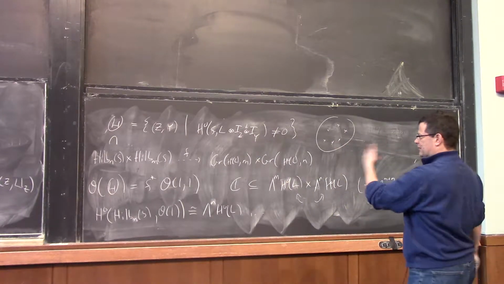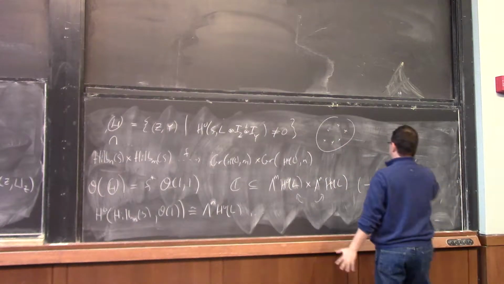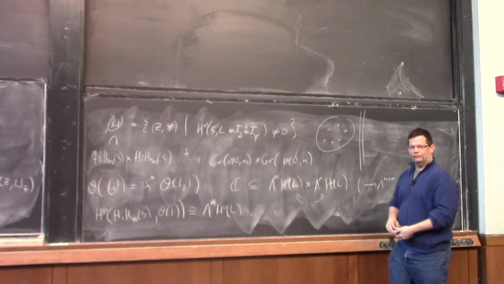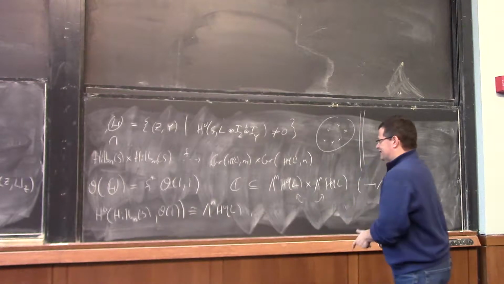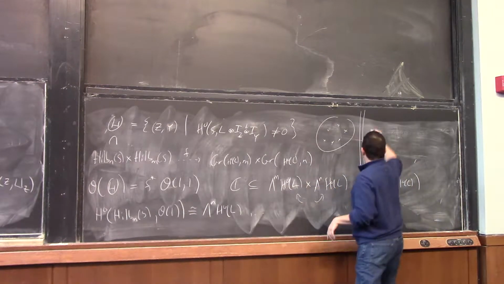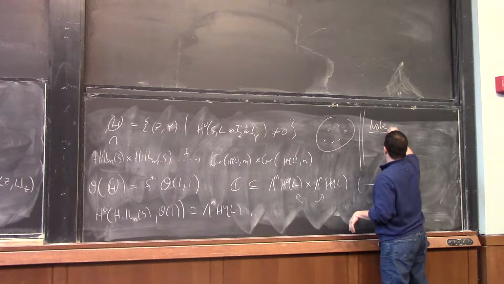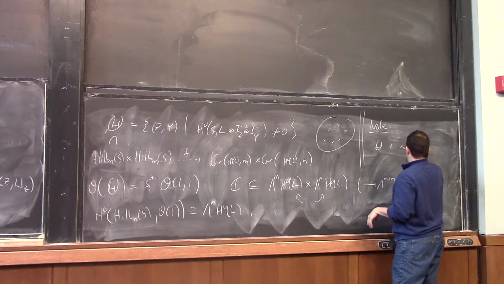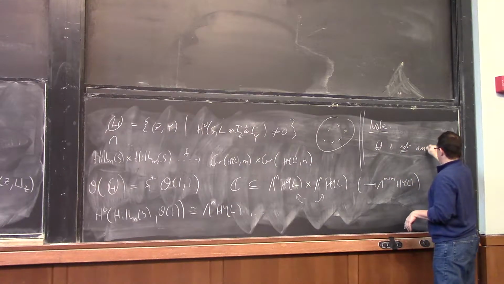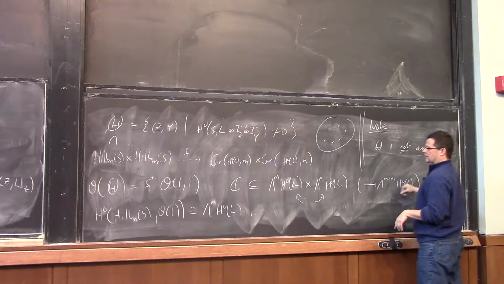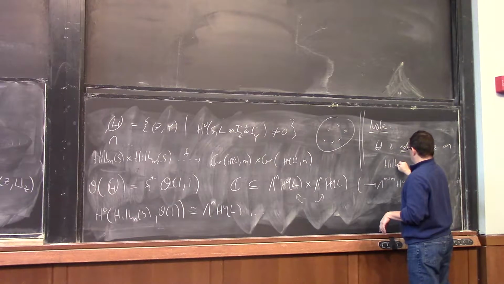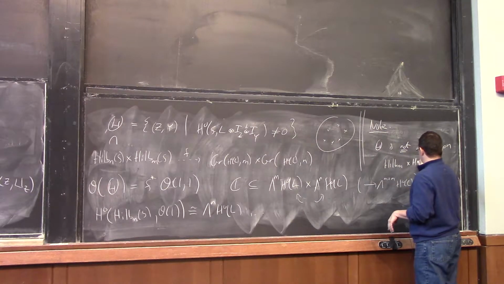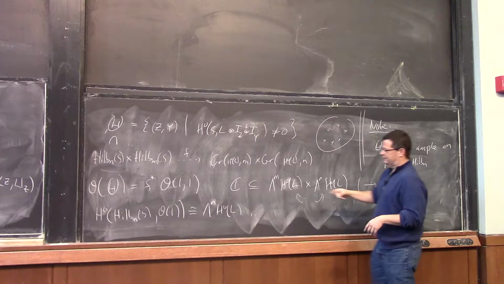Now what's interesting about this example, maybe because I'm trying to foreshadow a little bit, is that this theta bundle, theta, is not in general ample, right? On Hilb m cross Hilb n. I mean, this is just a rational map.